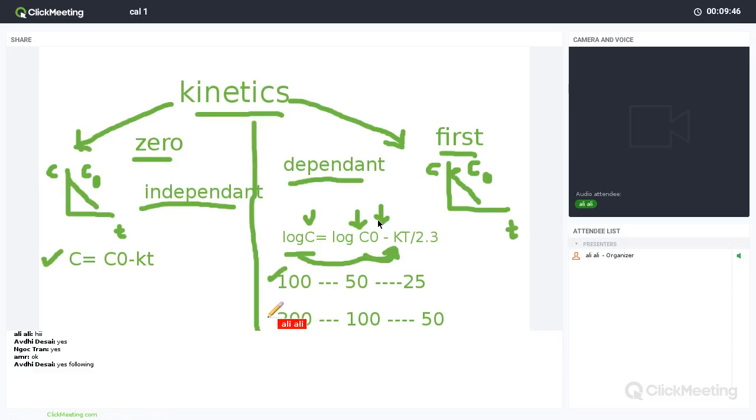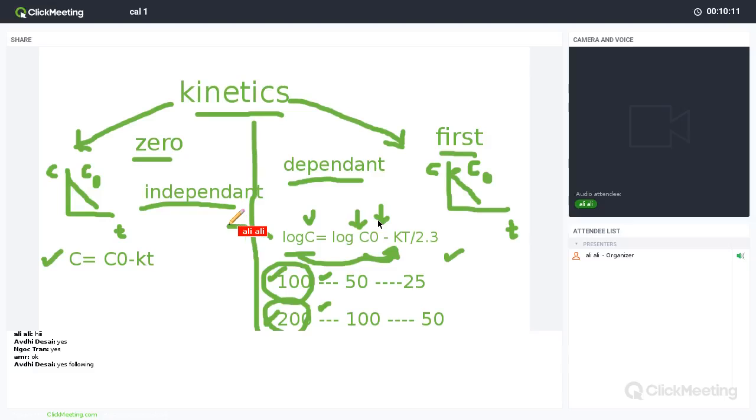Here the amount eliminated in the second example is 100 milligrams. So the amount eliminated in this reaction depends on the concentration you start with. Here we start with 100, the eliminated amount is 50. However, here we started with 200, the eliminated amount is 100.